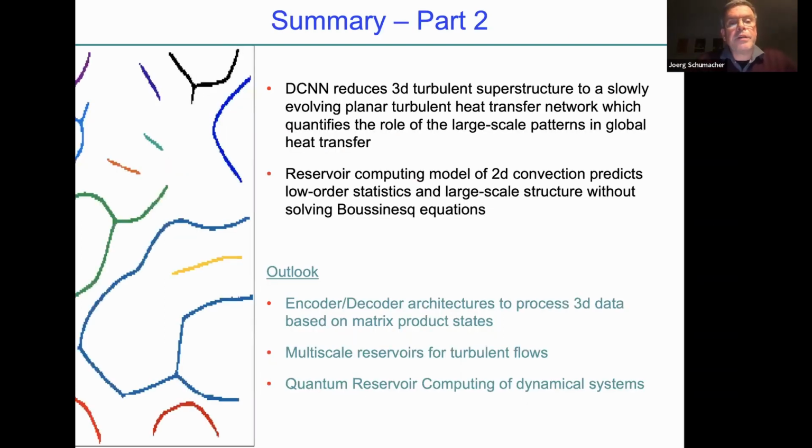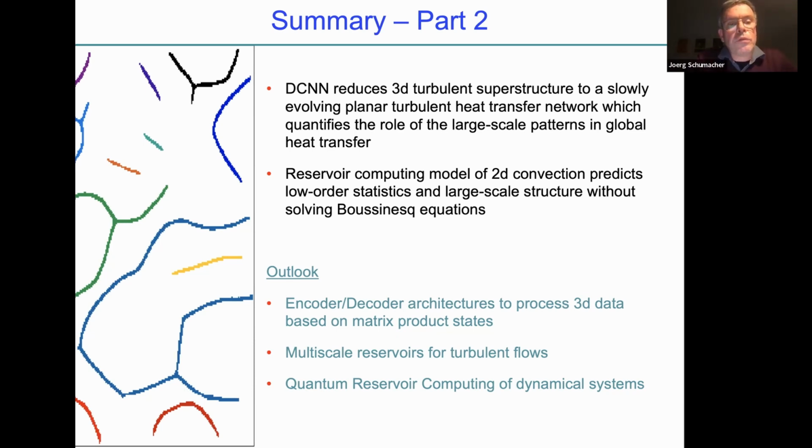Okay, I'm just giving a very brief outlook, and I'm almost at the end of my talk. In the second part, I have shown you that deep convolutional neural networks are able to reduce the three-dimensional complex convection patterns, which typically evolve gradually in such a convection layer, to planar networks that are time dependent and that describe the turbulent convective heat transfer across the layer.